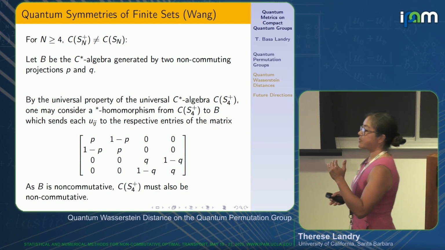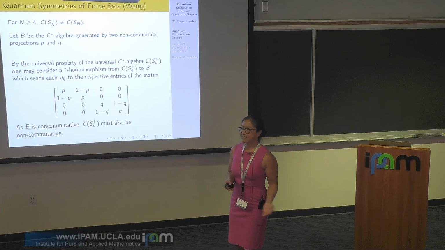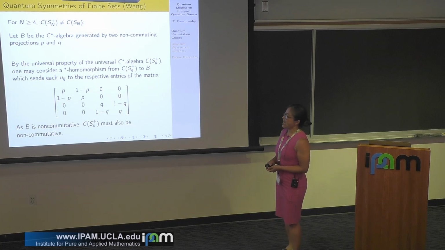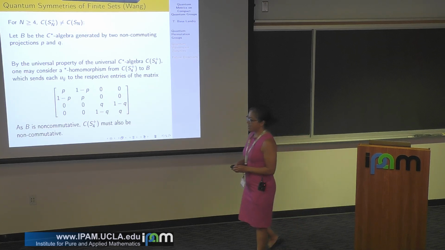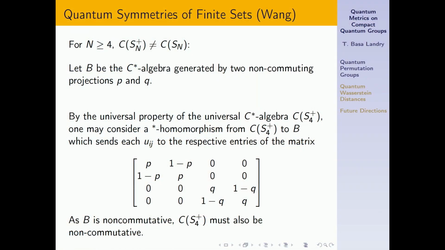And then it's at just n equals 4 that the quantum symmetry groups are no longer finite and no longer classical. And one way to see this is we can again leverage the universal property that this particular C-star algebra has. So we take the C-star algebra generated by two non-commuting projections, and we can consider a star homomorphism from our quantum permutation group, which sends the generating elements indexed by ij to the respective entries of this matrix.